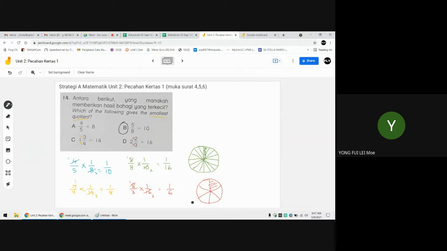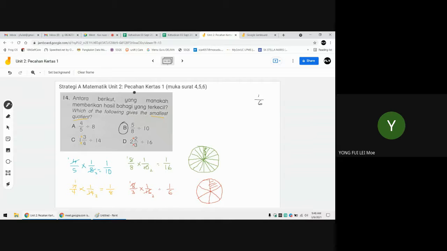If you want to do the hard way, also can. When I say compare fractions, 1 over 16 and 1 over 6. If I want to compare these two fractions, I have to find the common denominator. Let's look at this.